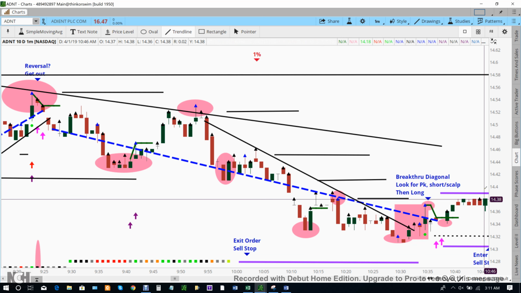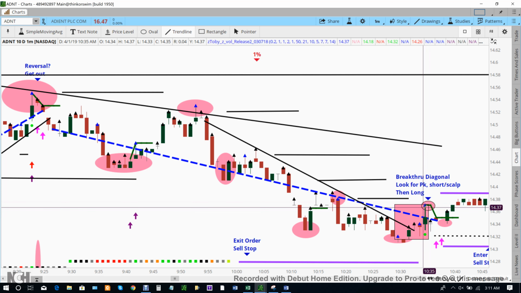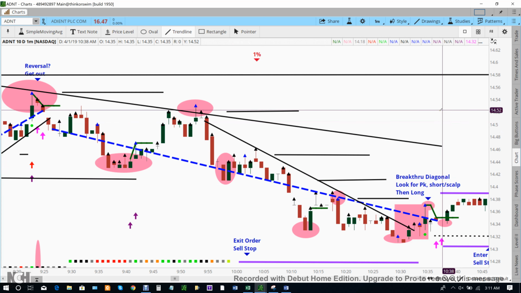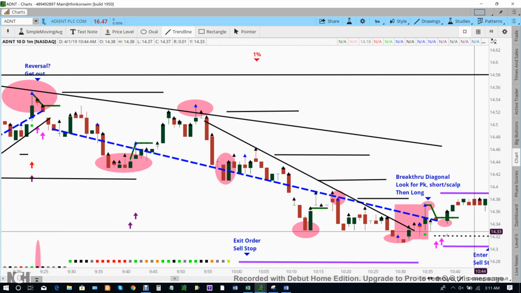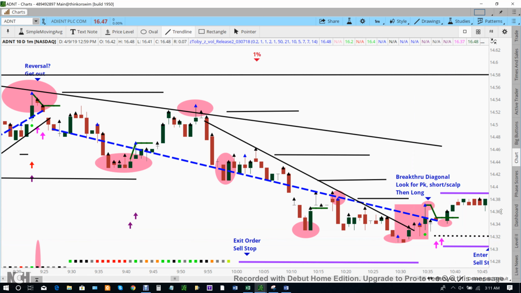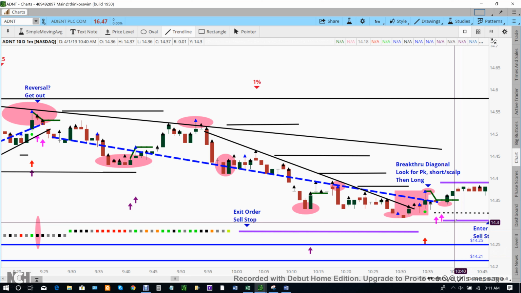If it goes up and breaks through this line, here, because here's the blue triangle, then we know it's going to continue to go back up for long, probably up to here or there. On the other hand, if it turns around and goes back below this level here, it's going to go down further. Well, maybe it might not be so smart to put in a sell stop here.